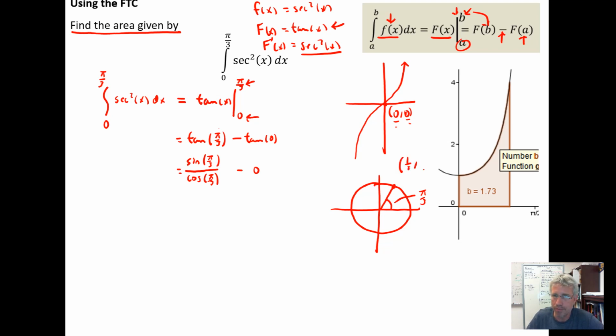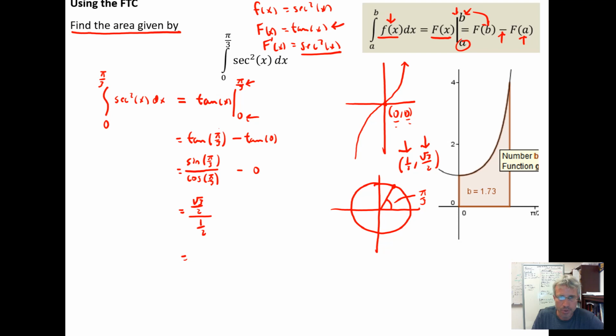X is 1/2 and y is the square root of 3 over 2. And the y coordinate is the sine of pi over 3, and the x coordinate is the cosine of pi over 3. So we can replace the sine of pi over 3 with the square root of 3 over 2, and we can replace the cosine of pi over 3 with 1/2.